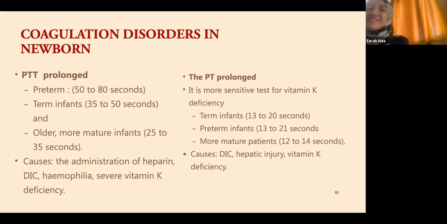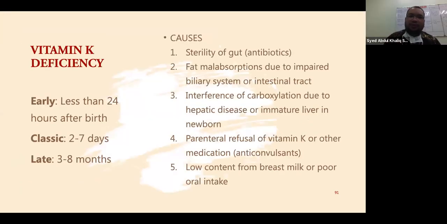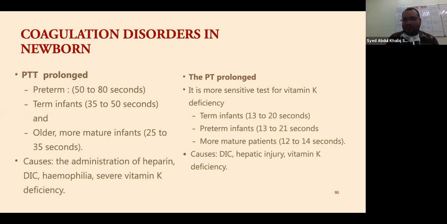Okay, next. One thing to note, these numbers don't just differ according to the gestational age of the patient. They also differ according to the machine in the lab, because different machines give different normal ranges.